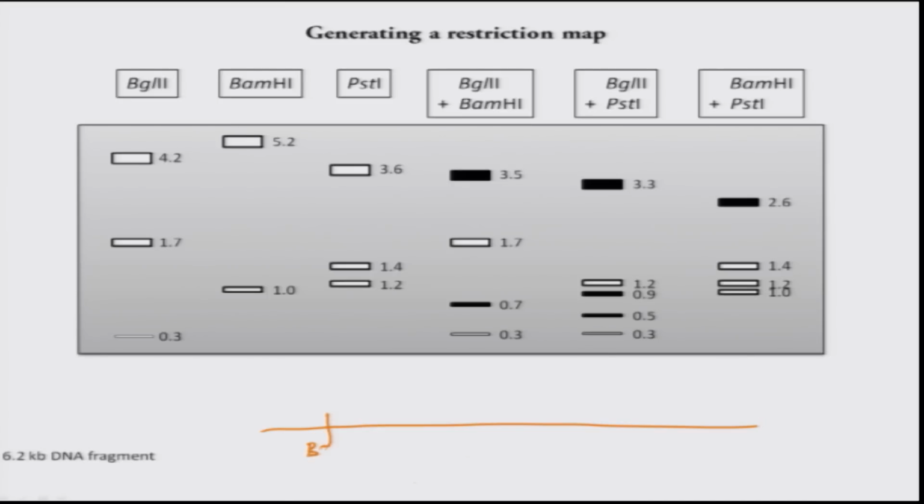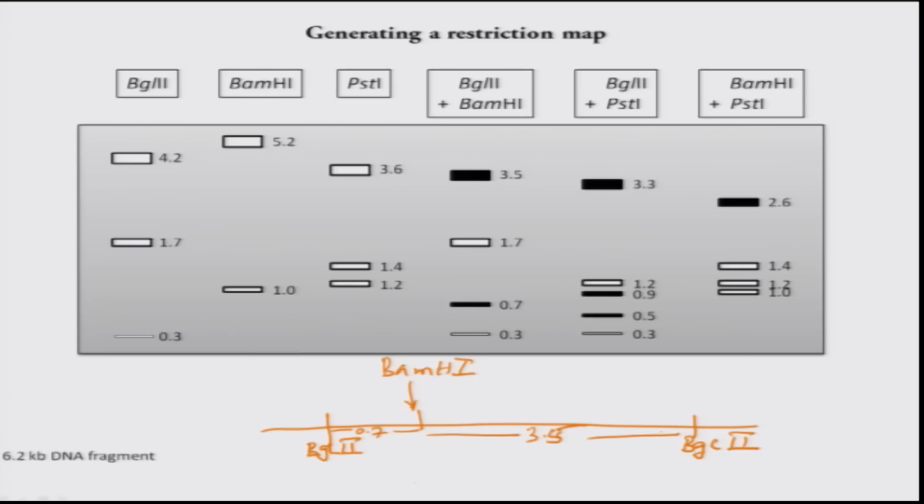This is a BGL2 site and one BGL2 site over here, and this is being cleaved by a BAMH1 site over here, which gives the BGL2 BAMH1 0.7 kb fragment, and this is the one which gives a 3.5 kb fragment.